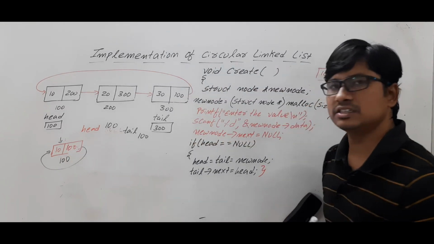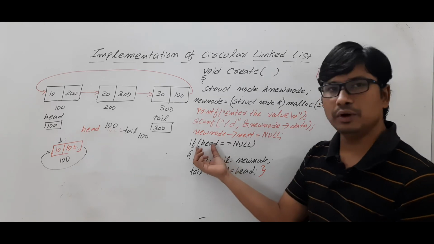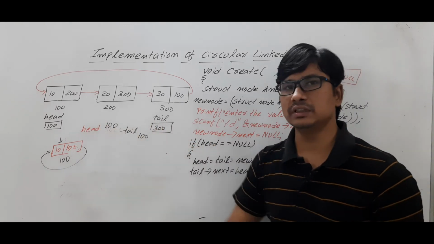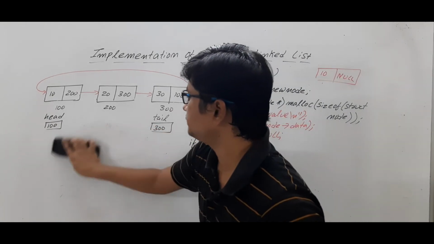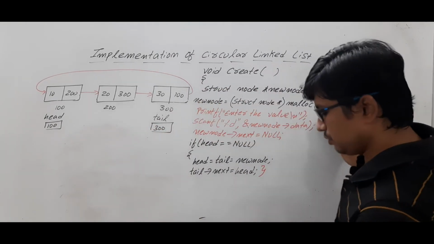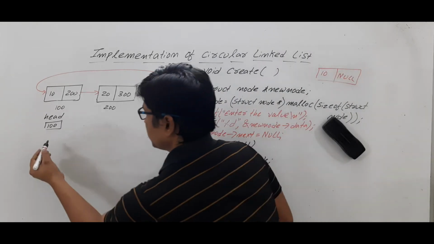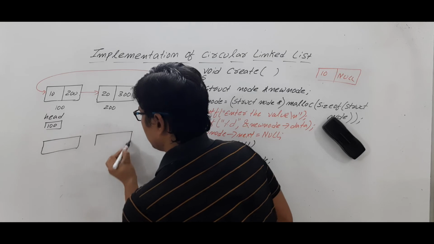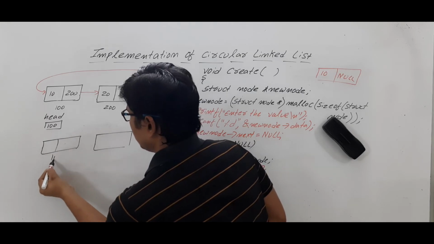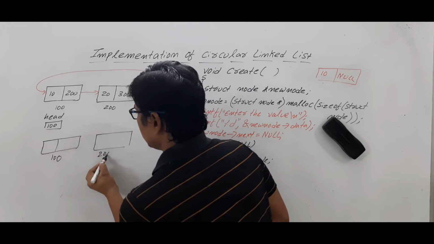Else, if this condition is false, meaning you have some nodes in the linked list. Let's assume that currently 2 nodes are there, just for your understanding. Okay, 100 address, 200 address.